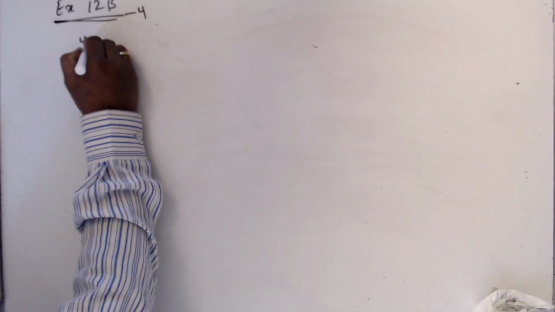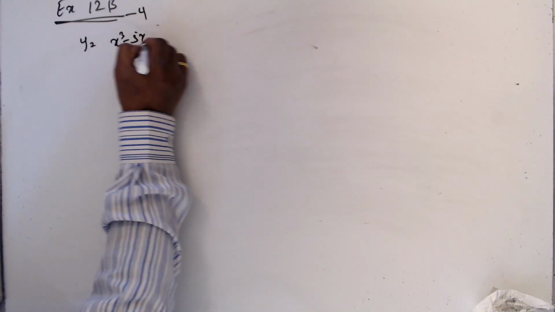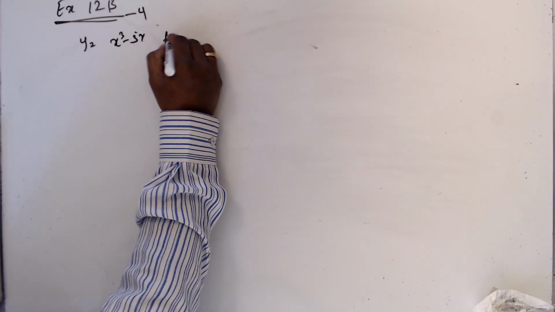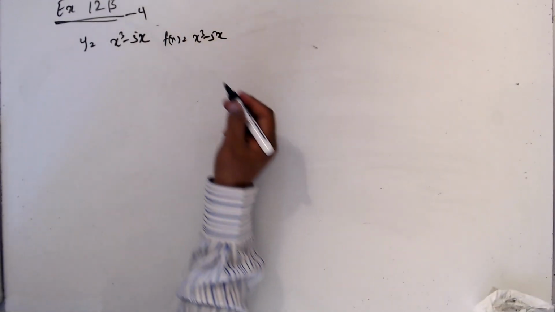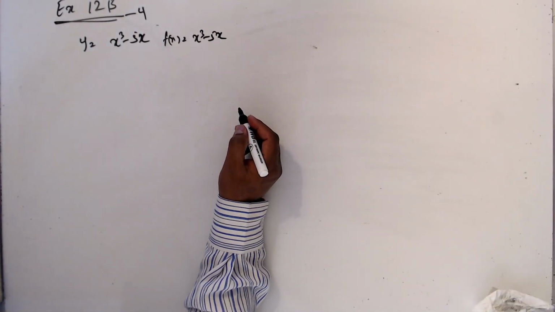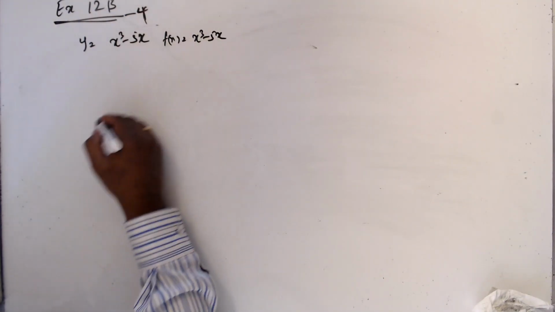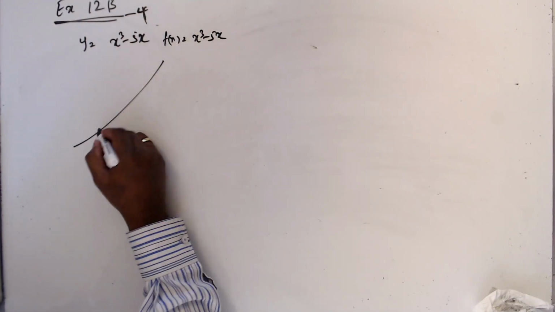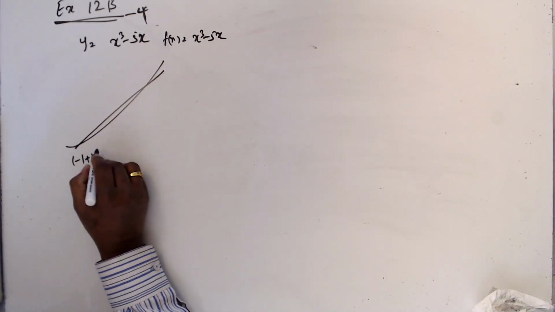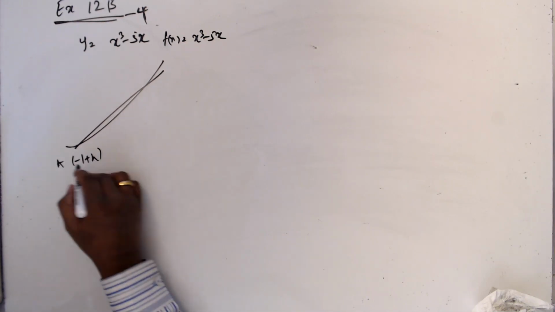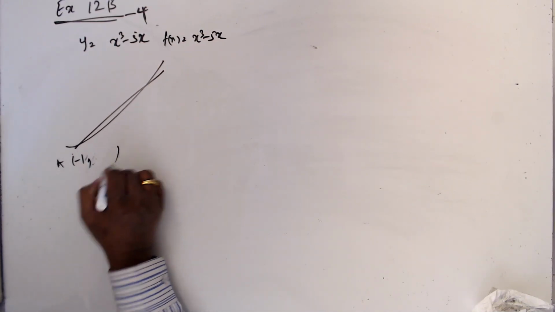Question number 4, y equals x³ − 5x. This means f(x) equals x³ − 5x. This is the point (−1, a), so this is x = −1.